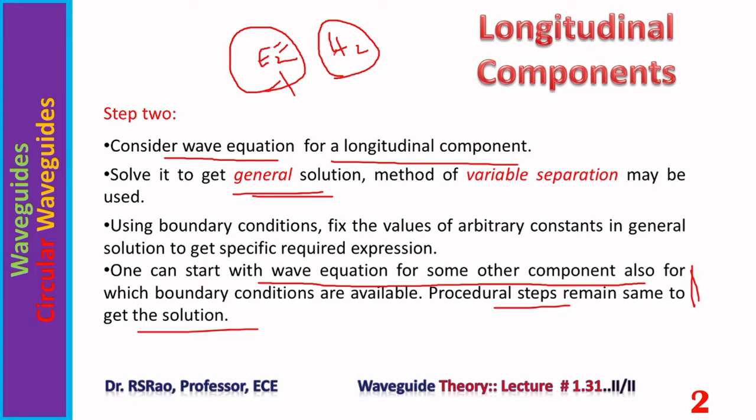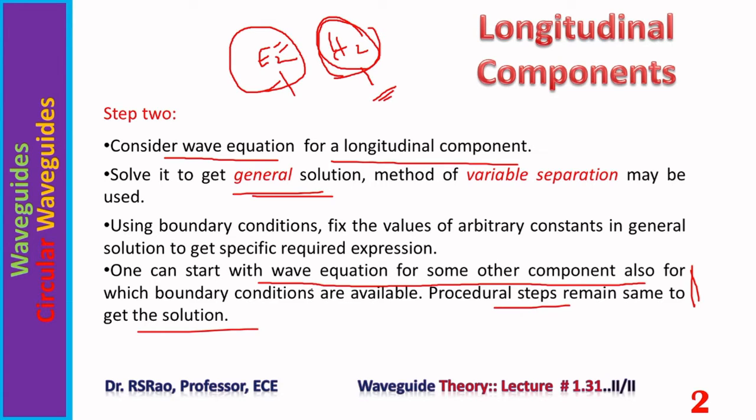But when you try to find Hz, we consider the wave equation in Hz, we solve, we get the general solution, but boundary conditions are not available on Hz. Then how to get the specific solution? The solution which is applicable to the configuration on hand is the particular solution. As boundary conditions are not available, how to get it?